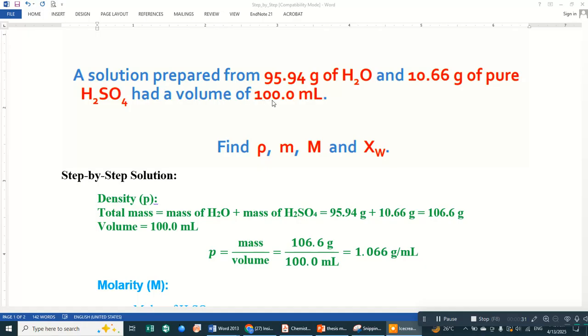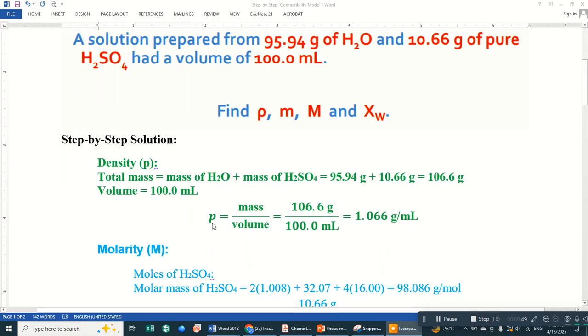Three things are given and four things are to be answered. We solve this problem step by step. First of all, how we can find out the density of the solution.